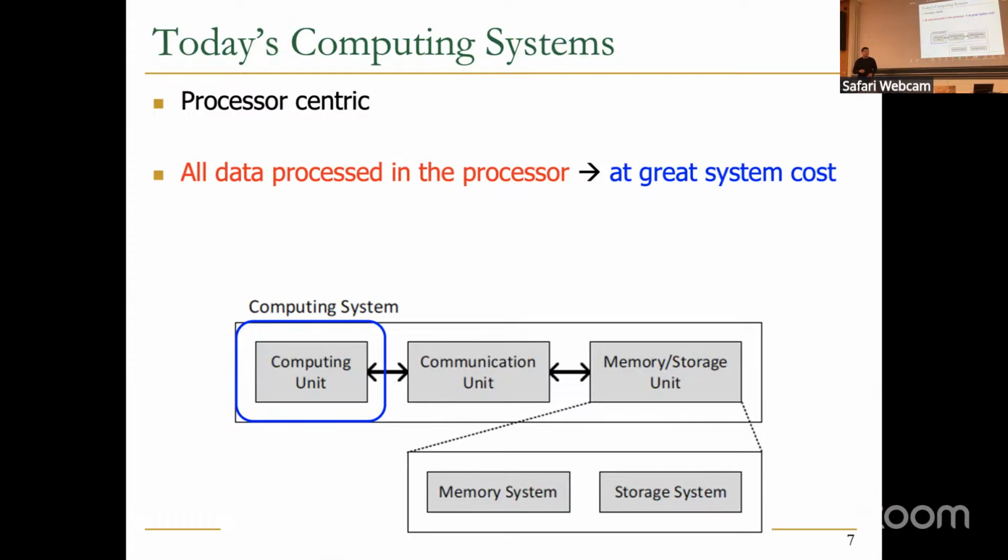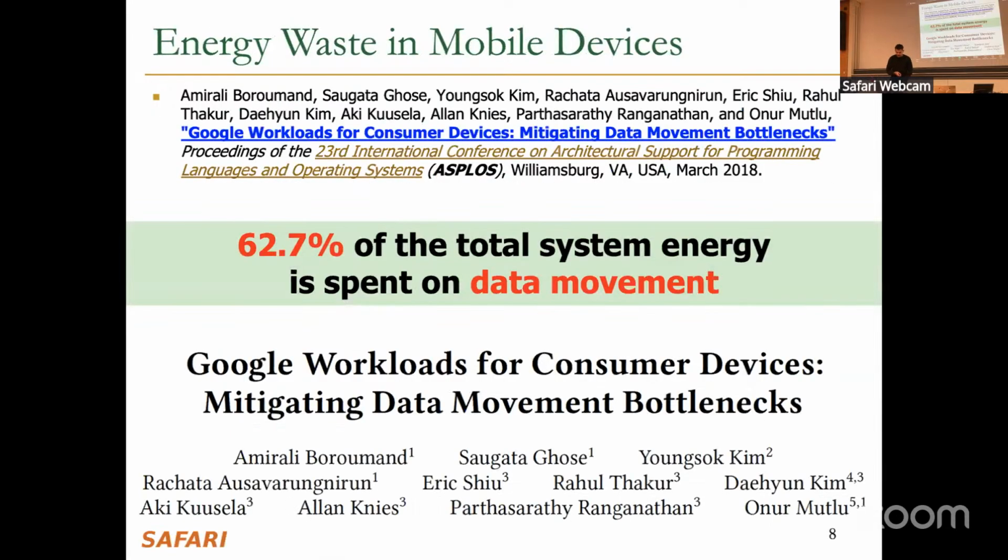But the problem is that optimizing those components individually is not enough anymore. And this problem is becoming a cross-layer problem across all of those three aspects themselves. So we need to now think about designing a system in a more holistic way, where we can co-design both computation, communication, and memory in a single system. My pointer just works from here.